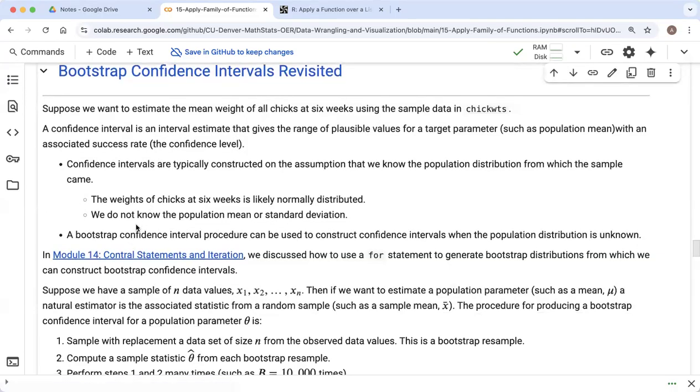But a bootstrap confidence interval we can use when the population distribution is unknown, and we can use bootstrapping as a method for approximating the sampling distribution. And once I have a sampling distribution, we can then use the standard error of that sampling distribution to build a margin of error into our estimate.